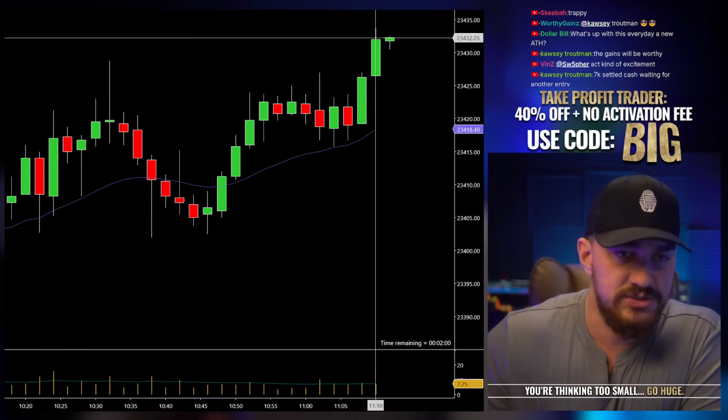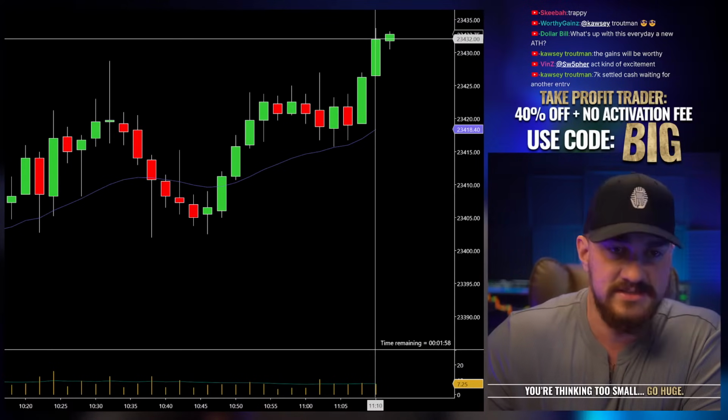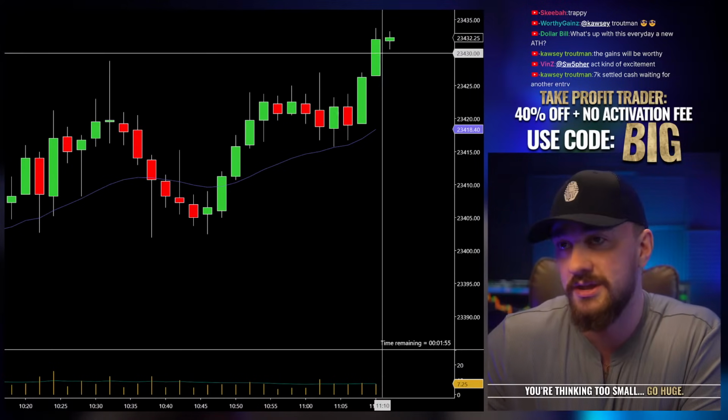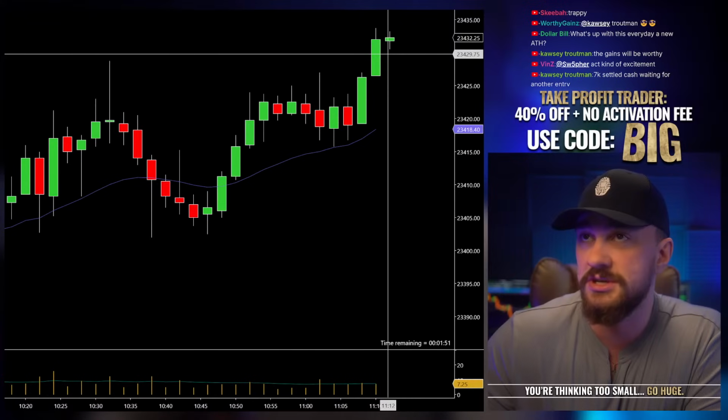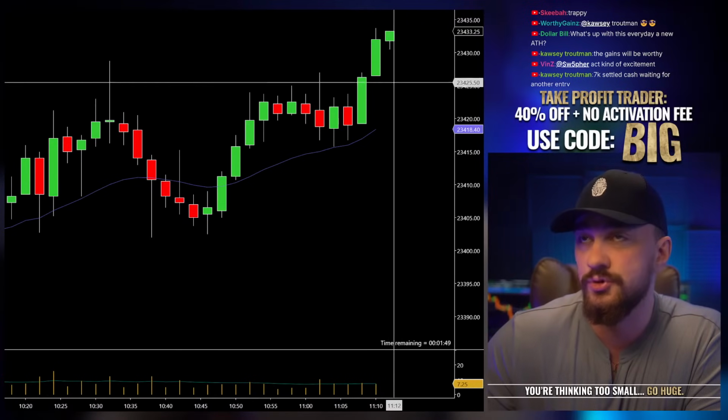Now, with the strength of these two bull bars, since I don't have to make a decision right now, I'm gonna give this one more bar and see what happens. If we get a nice small bear bar closing near the low, I'll put a stop limit sell order out, look to get filled short.